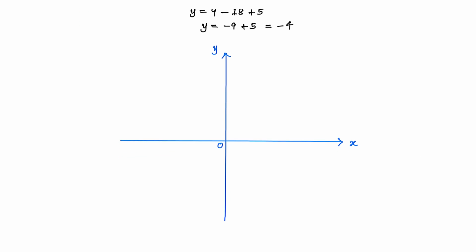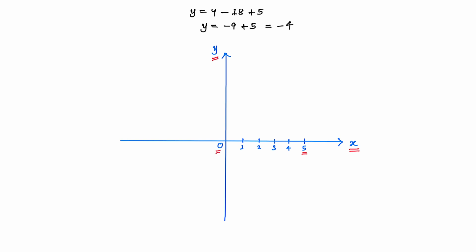So let's say 1, 2, 3, 4, 5. So 5, 0 means the x is 5 and the y is 0.